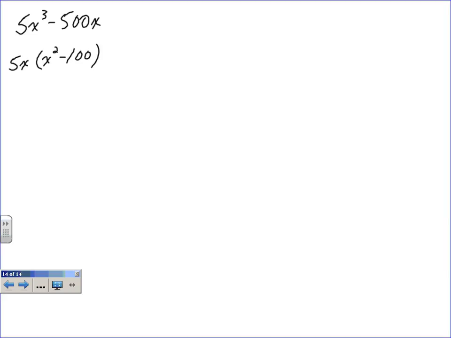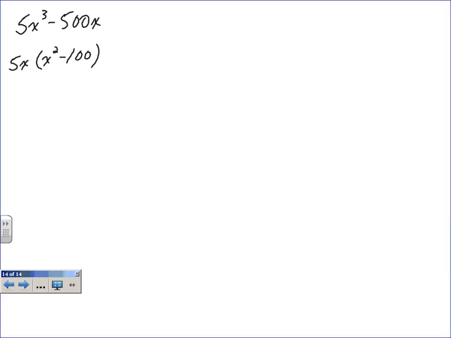Anytime you factor, this is important, you're going to look at all the terms and see if there's anything that they have in common. And we factor that out first. Then we look in the parentheses and see if we can factor it further. And Kirk, you already saw something, didn't you? What did you say?